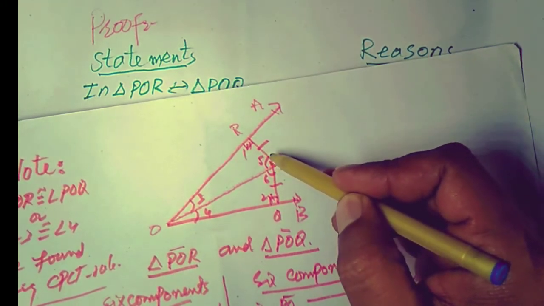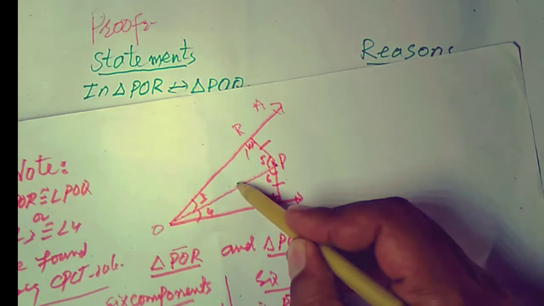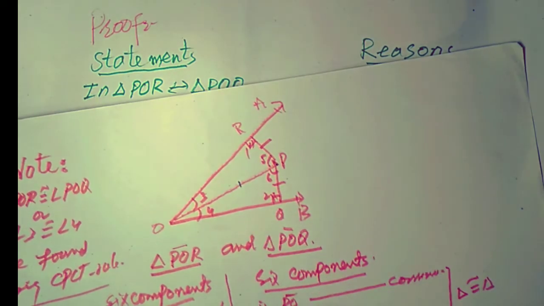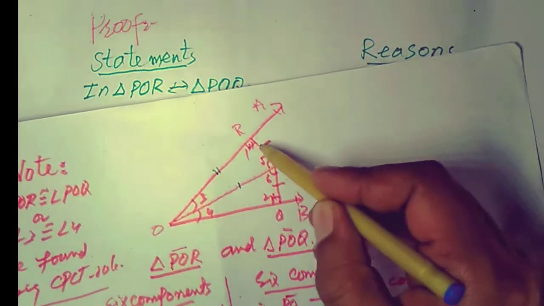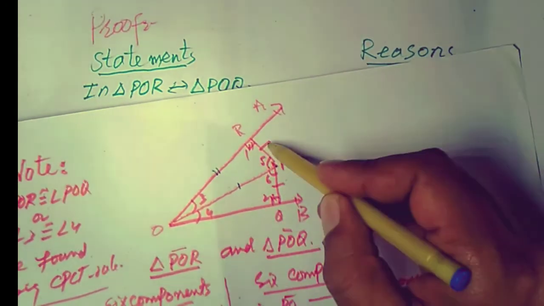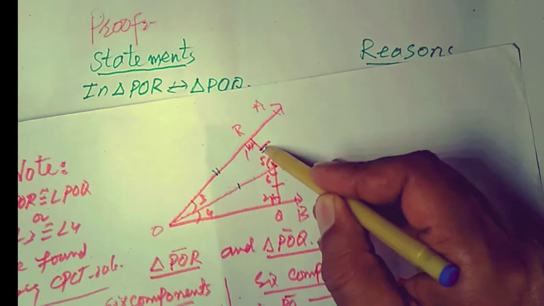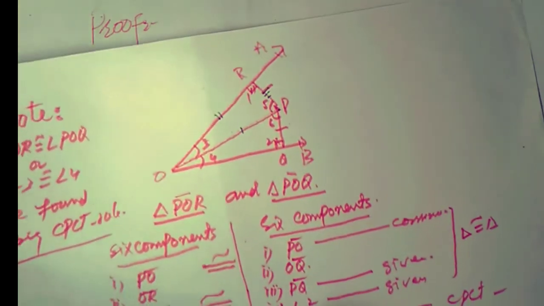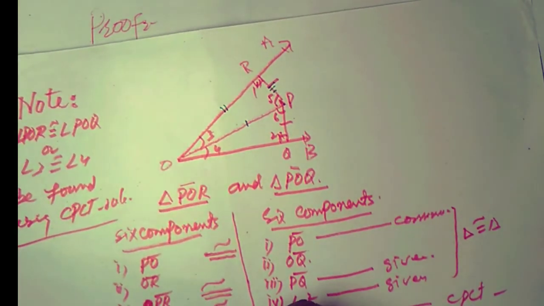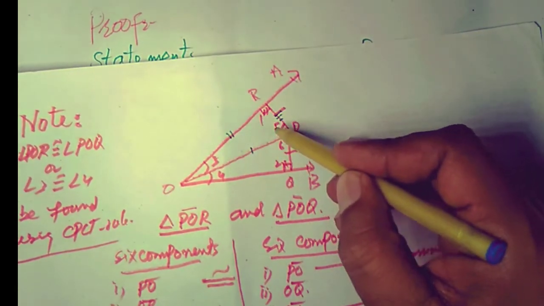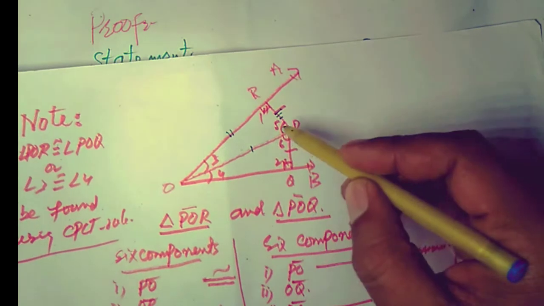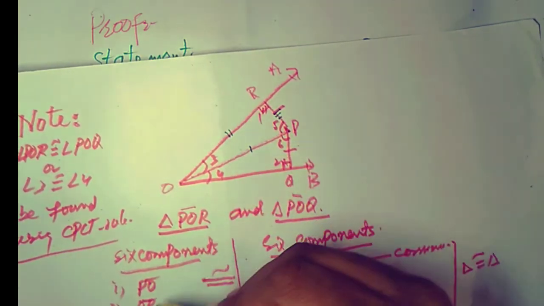First side is PO, second side is OR, and third side is PR. Angle 1, angle 3 and angle 5. Then the total components are 6.